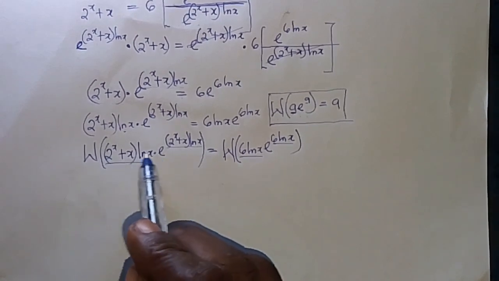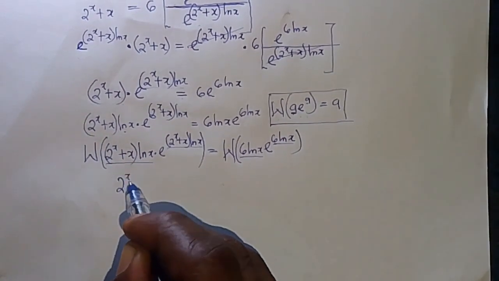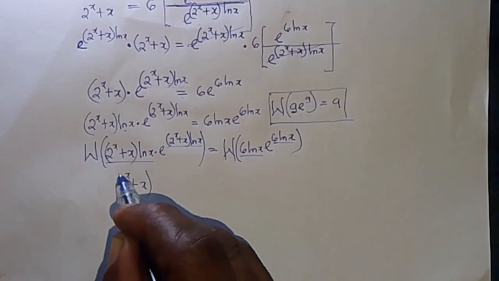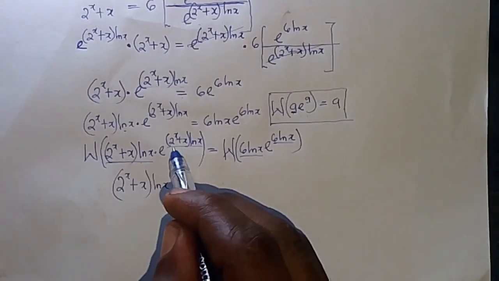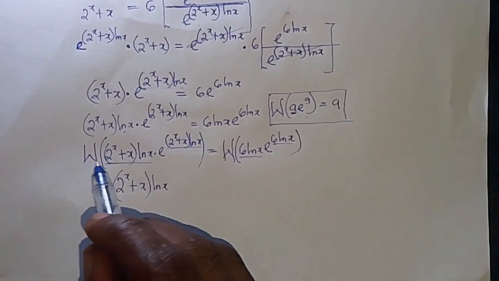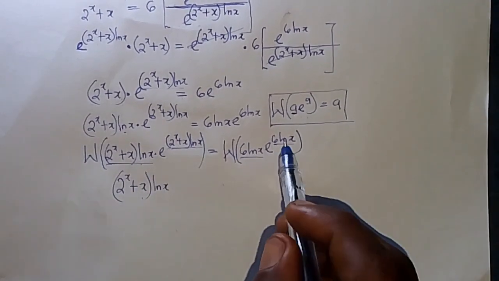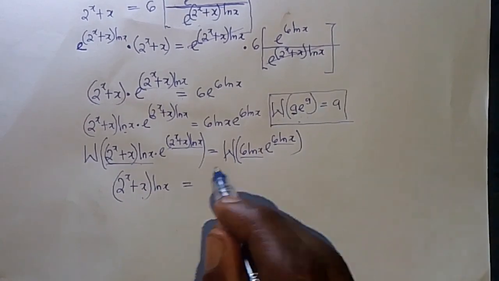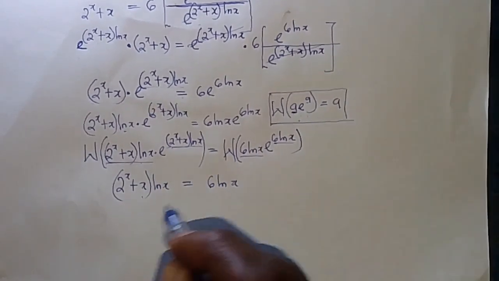So the whole of this will then become 2 to the power of x plus x multiplied by ln x. Since this is the same thing as this, and we are looking for the Lambert W function of the whole of this, then it equals this. When we apply this law, this becomes 6 ln x.